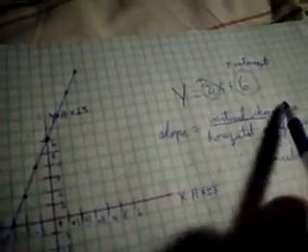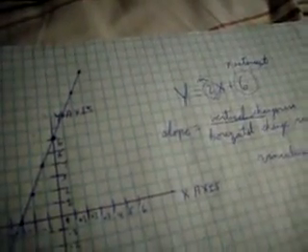Alright, so you can use two numbers from this line right here, this diagonal line here, and come up with this equation, which will tell you the rise and the run. Okay? And of course you can keep plotting coordinates in here, and you can keep plotting points on your graph. But that's basically what slope is.